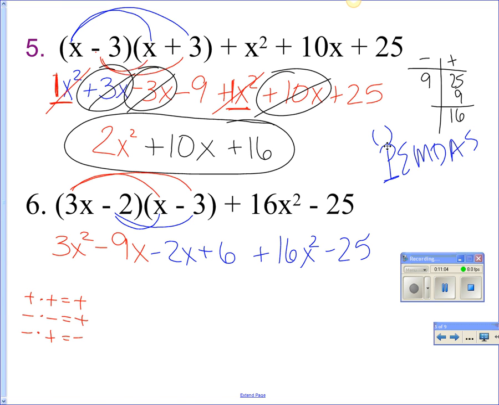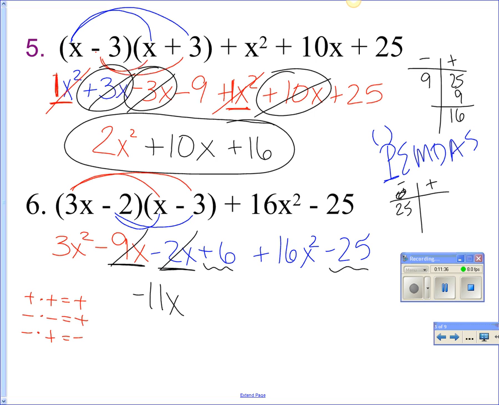Okay. All right, Tamara, what am I going to do from here? Good. So what's that going to give me? If I put them together, negative 9 and negative 2. Very good. All right. Dylan, what else do I need to do up here? All right. So Dylan, I'm going to do a chart for this one.